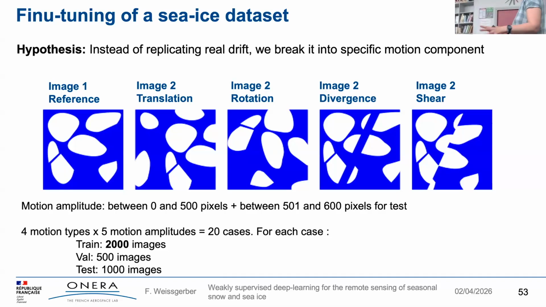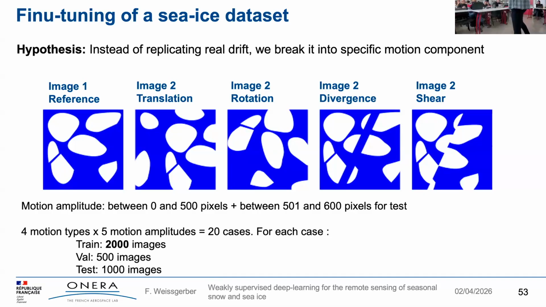So we cannot take any physical model to create a real drift. So what we do are very simple motions. So first a translation, a rotation, then a divergence. So we create a fracture and the two parts are going in opposite directions. I mean, one part is fixed and the other is translating.